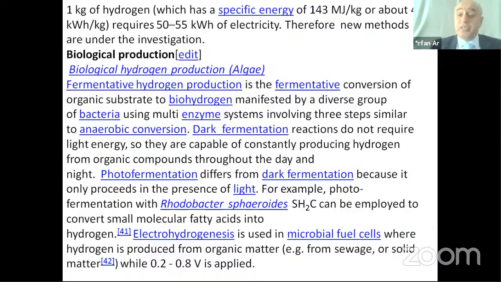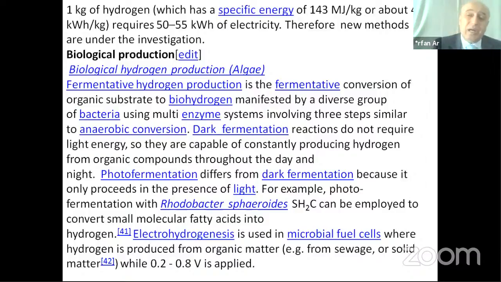Fermentative hydrogen production is the fermentative conversion of biomass. Please note that since steam reforming is a well-established technology, the biogas produced from the anaerobic digesters of biomass can be converted to hydrogen by steam reforming of the methane after the biogas is purified.